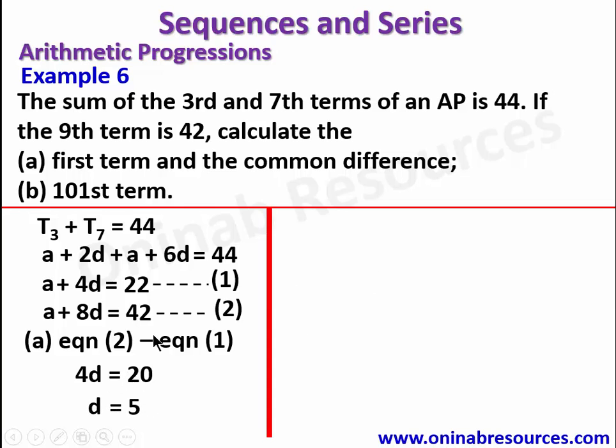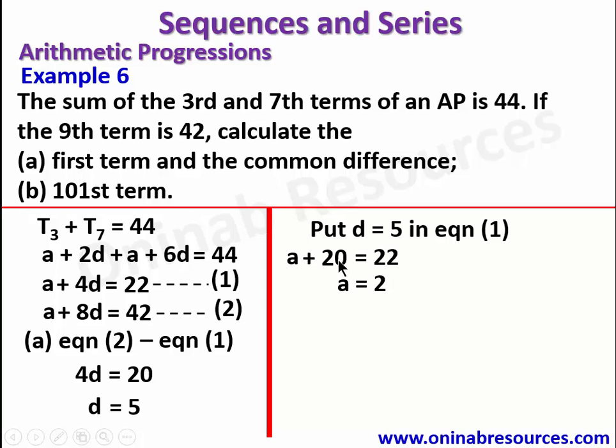We can now go ahead to find A from any of the equations. So we put D equal to 5 in equation 1. So we have A plus 20, since 5 times 4 is 20, is equal to 22. So that A is equal to 22 minus 20, which is 2. So we are done with A because we've gotten the first term and the common difference.